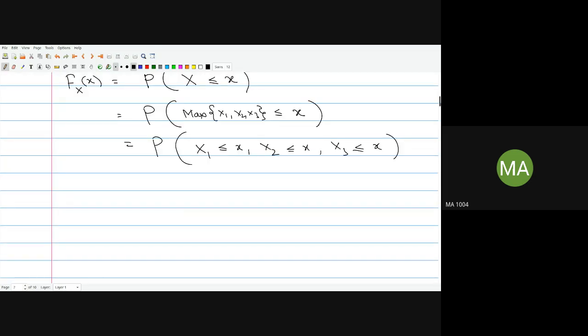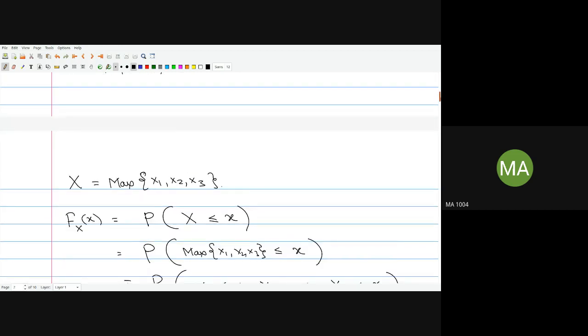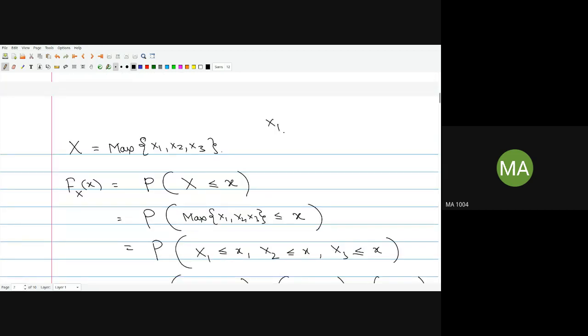Now it is given that x1, x2, x3 are independent. So I can split the joint into a product of marginals. So these are IIDs. Now understand what x1, x2, x3 are. x1 as well as x2 and x3 follow Uniform 1, 2, ..., 6.